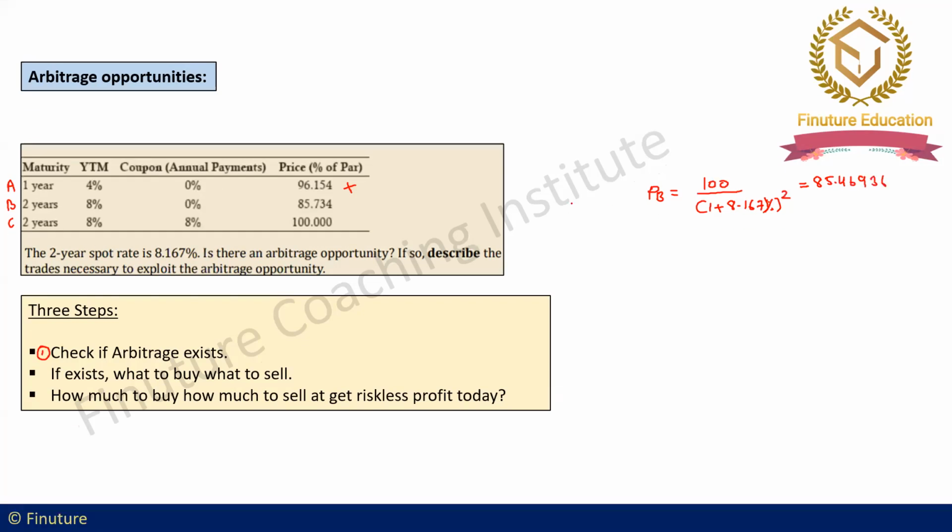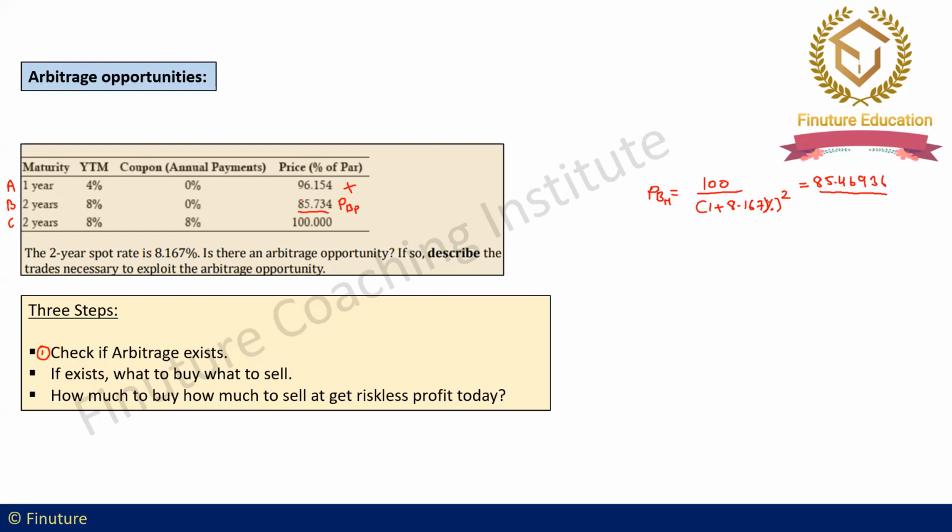Important point to notice: let me write this as the price of bond B in portfolio, and this is in market. These are just for our notation and understanding. So in your portfolio it is priced at 85.734, and in market it is priced at 85.46.